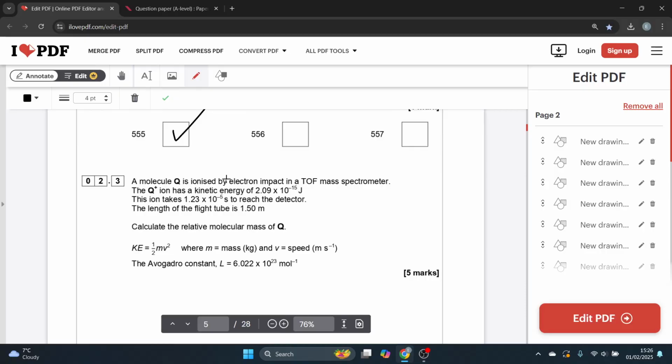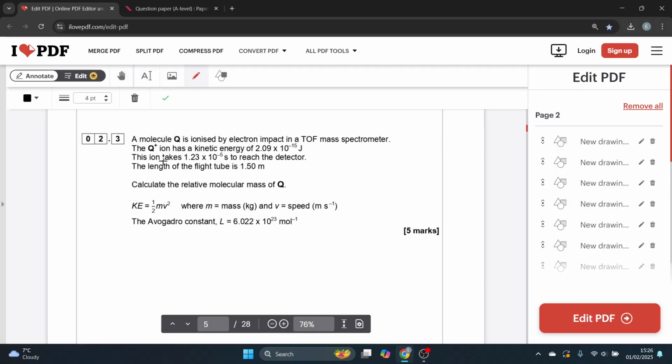Calculate the relative molecular mass of Q. Q is ionized by electron impact, the kinetic energy of the ion is given, it takes this long, the length is that; calculate the relative molecular mass. So what I'm going to have to do is find out the mass. Now I can find out the relative molecular mass.